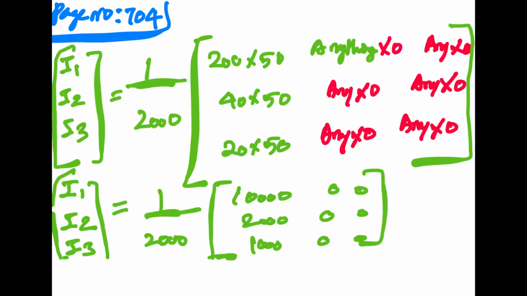We obtain 1 divided by 2000, 200 into 50, 40 into 50, 20 into 50. That is 1 divided by 2000, 10,000, 2,000, 1,000 matrix value. Finally, we find out I1, I2, I3 values.